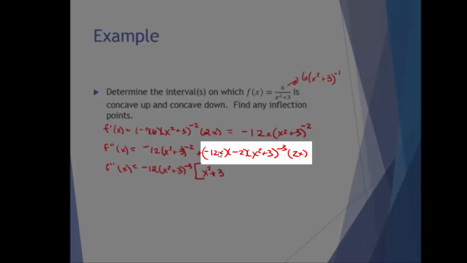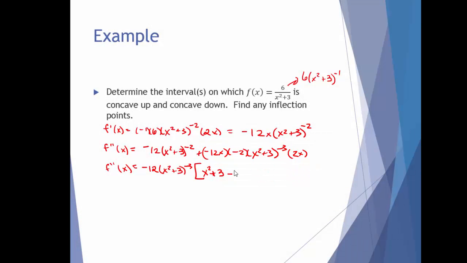For the second term, I'm taking out the negative 12. I'm also taking out (x squared plus 3) to the negative 3. And that should leave me with a minus 4x squared. One of the x's is from the negative 12x, one of the x's from the 2x. So then we clean it up just a little bit more. We get negative 12 (x squared plus 3) to the negative 3. When we add x squared minus 4x squared, that ends up being a negative 3x squared.